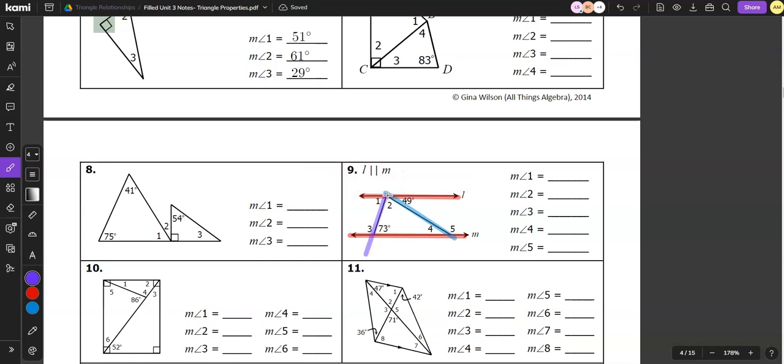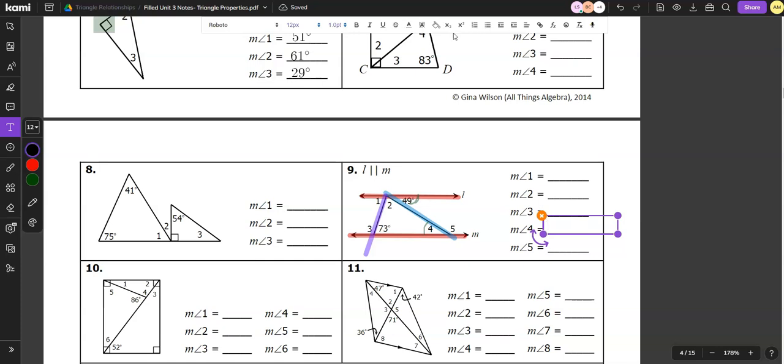Okay, so what that tells us is that angle 4 and the 49-degree angle here are congruent because they are alternate interior angles. So I'm going to put 49 degrees because, and I'm just going to put a note, alternate, okay? So they're alternate interior angles.